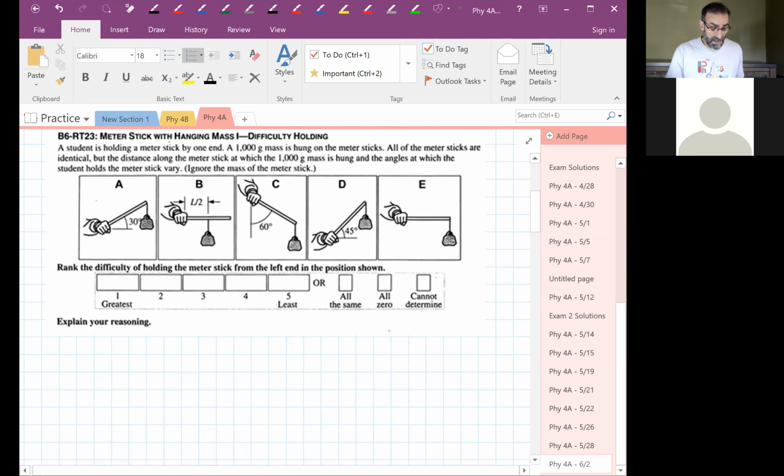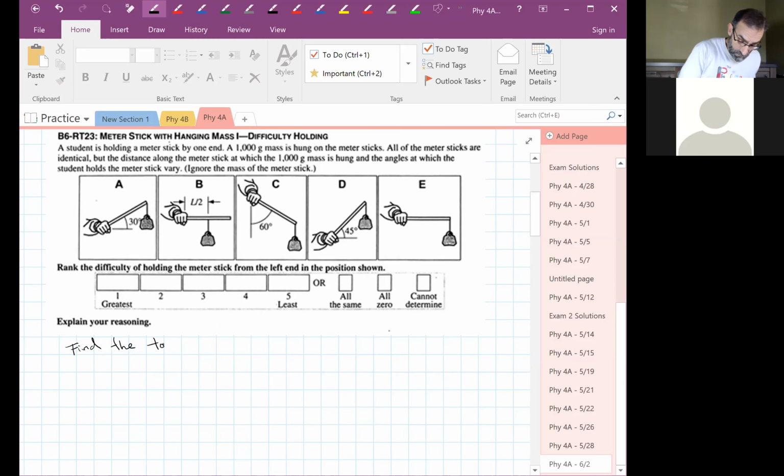Okay, so let's find the torque in each case. Let's do E first.